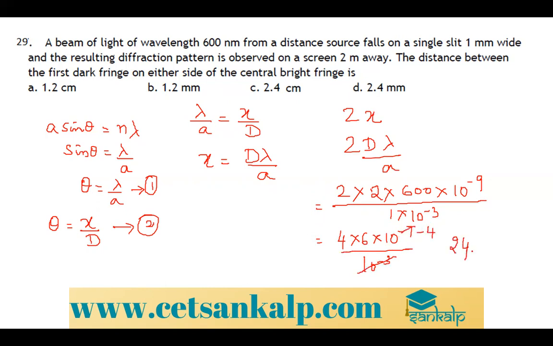So 24 into 10 to the power minus 4. So it is nothing but 2.4 millimeter. Decimal shift. Option D. Clear? Right.